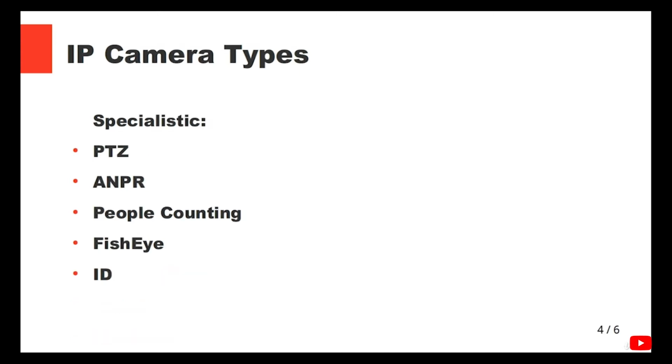Then you have, let's call it, special types of cameras. One I already mentioned, which was fisheye. But then, for instance, you have an ID camera. An ID camera is just a regular camera which has two outputs, one for the DVR and one for the monitor. You place it close to the entrance, and they're often used in retail.